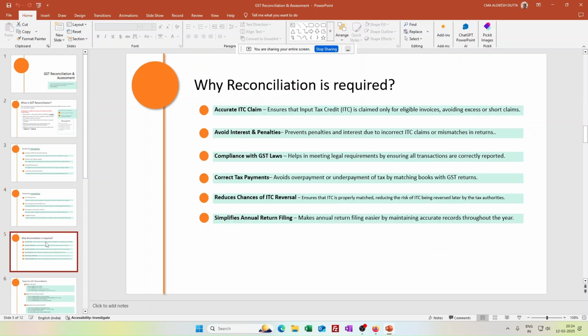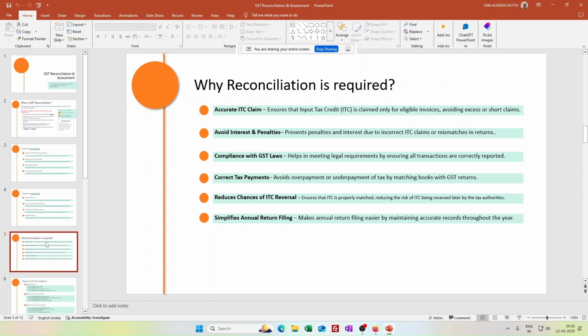Now, why is reconciliation required for accurate ITC claim? After seeing the causes of reconciliation mismatching, you can understand why reconciliation is so important in GST. It is very, very important, whether or not you are supposed to file an annual return.